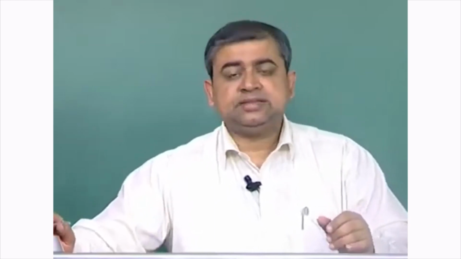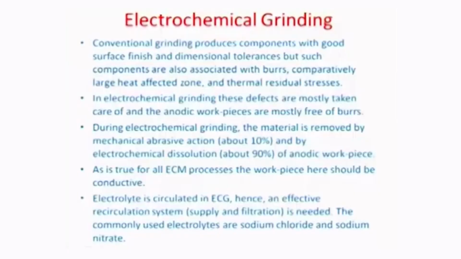The next example that I would like to consider is another corollary or an extension of the electrochemical machining, and it is called ECG, or electrochemical grinding. And let me just recall a little bit about what conventional grinding typically does.